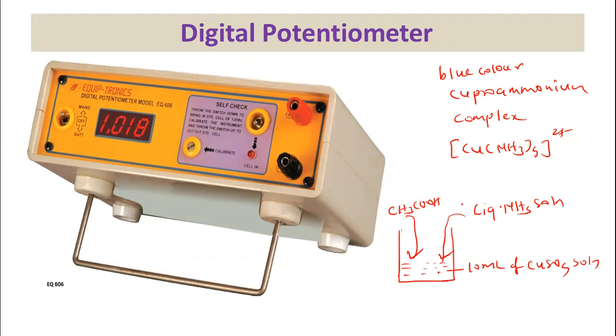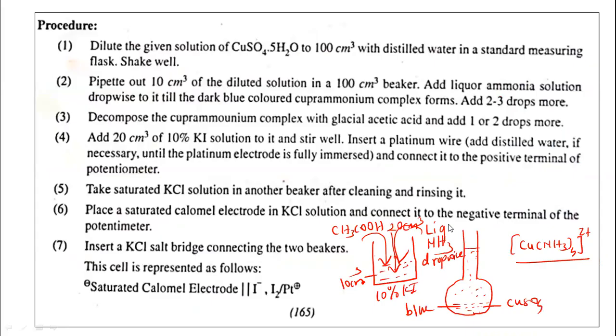After that, we have to add 20 ml of 10% KI solution. When we add the 20 ml of 10% KI solution, the color of the solution changes here.